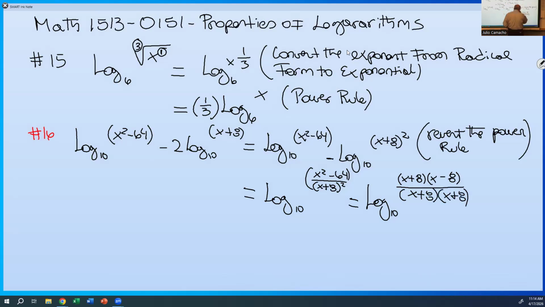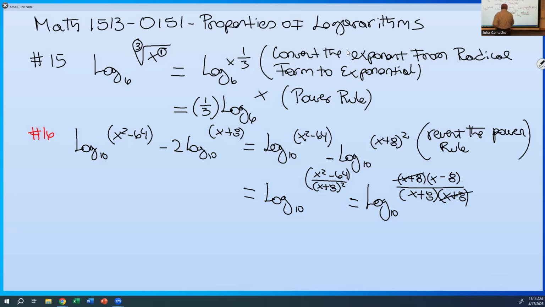And when you do that, you can see that you have a x plus 8 in the numerator and an x plus 8 in the denominator. You can cancel that.